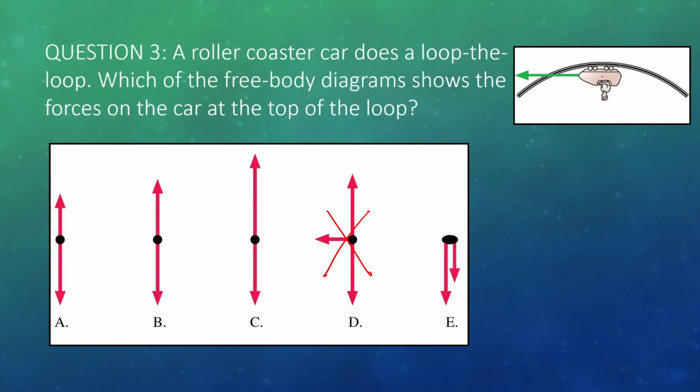Let's talk about what is acting on the person in the cart though. There is a weight associated with the object that points down. All of our options show a weight that points downward. But here's where it gets interesting, and we have not seen this before in any of our work yet. Think about the fact that this cart is on a surface. It's on the track. The surface is up here though.